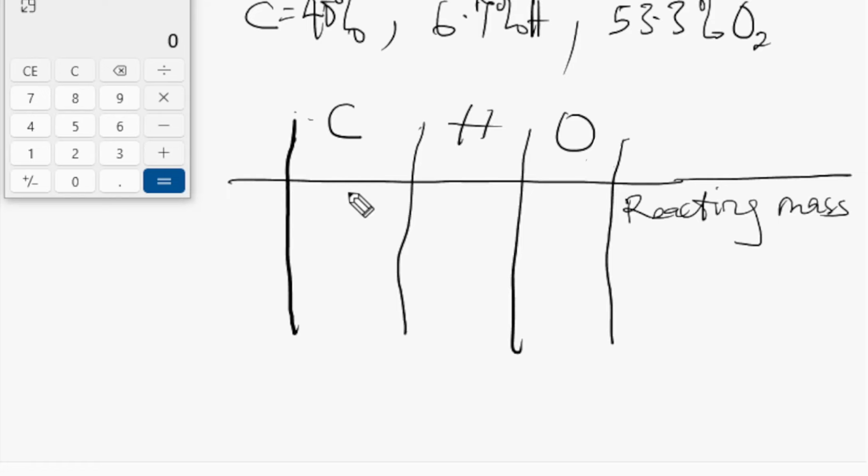So the reactant mass will be 40, 6.7, and 53.3. Then we'll check for the molar mass.